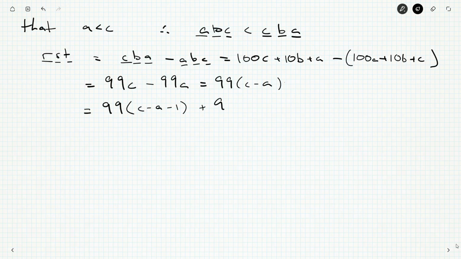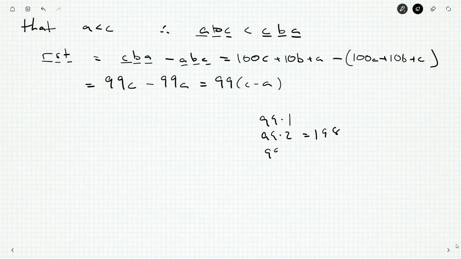What I'm thinking is, suppose this were 1, I'd do 99 times 1. Well, that's not 100 times 1 plus something. If I do 99 times 2, I get 198. If I do 99 times 3, I get 297. So whatever number I have here for C minus A, I do 100 times 1 less than that.